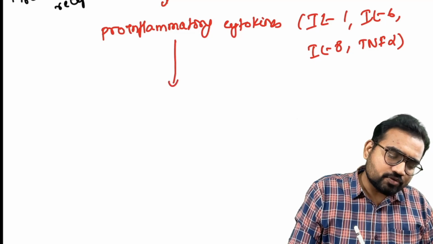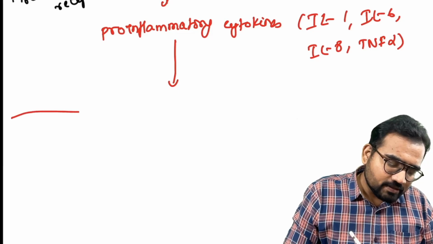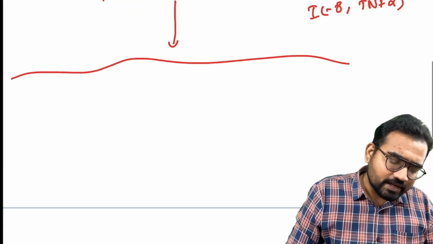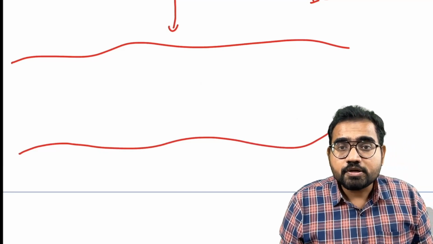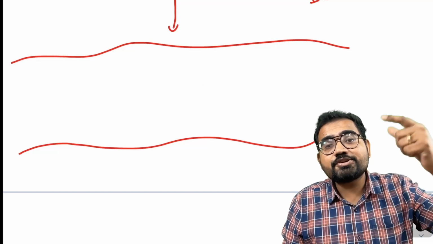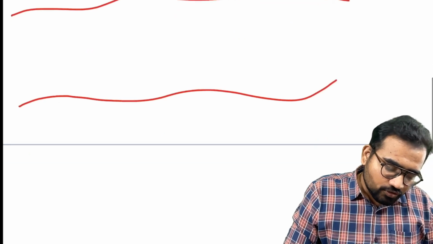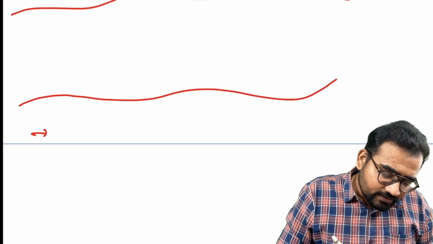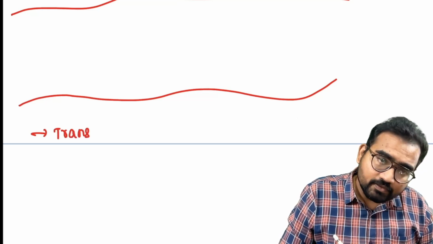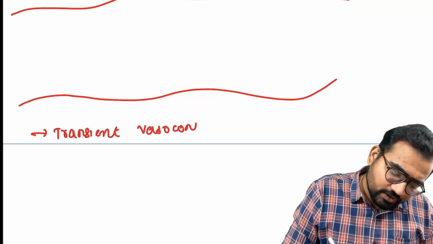Pro-inflammatory cytokines do a lot of jobs. One thing they do is stimulate the endothelium so that the cells of inflammation come out. Okay, exactly. So the first step in inflammation is going to be transient vasoconstriction.